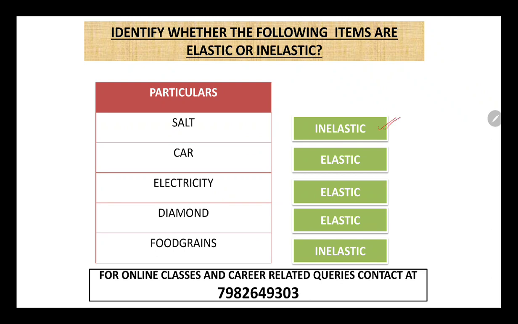Car, again comfort, luxury, depending on the income level of the people, so it's an elastic demand. Electricity does not have a substitute, we need it, so whenever we don't have a substitute, it's elastic. Diamond, again a luxury, elastic. Food grains, basic, needed, necessity, therefore inelastic in demand.